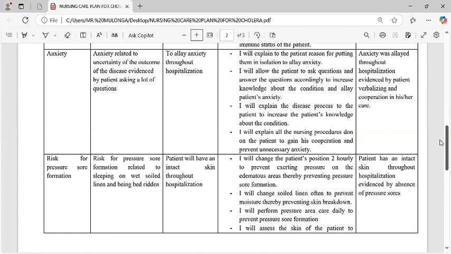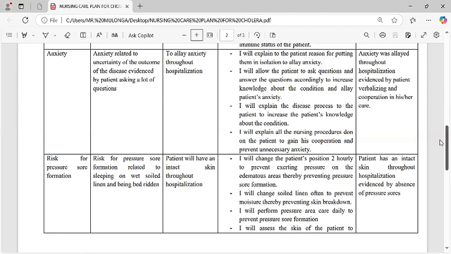Number two, it can also be anxiety related to the fear of death, because people die from conditions such as cholera. But the fact is, the patient is anxious because of the disease itself or the symptoms that the disease manifests with.